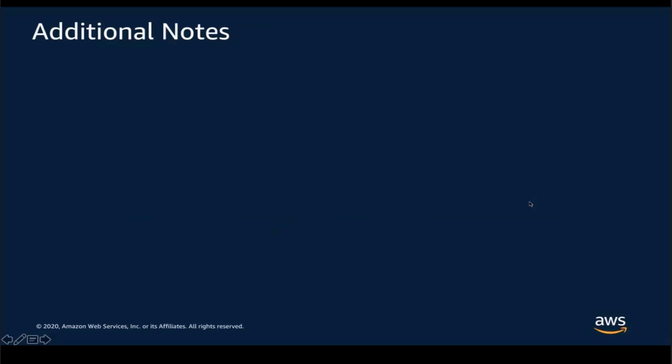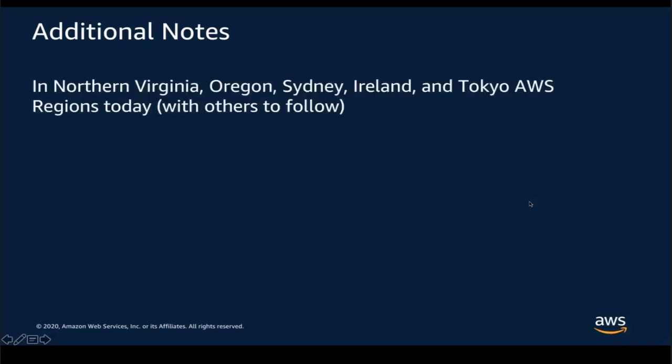And finally, let's talk about some additional things that I want you to take away as far as asymmetric CMKs are concerned. The asymmetric CMKs are currently supported in Northern Virginia, Oregon, Sydney, Ireland, and Tokyo regions, and other regions will follow. To call KMS, you have certain limits at which you can call different KMS APIs.